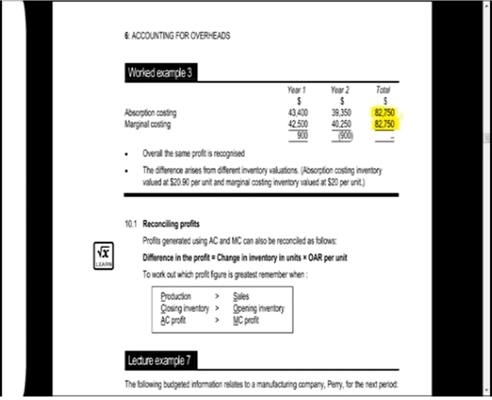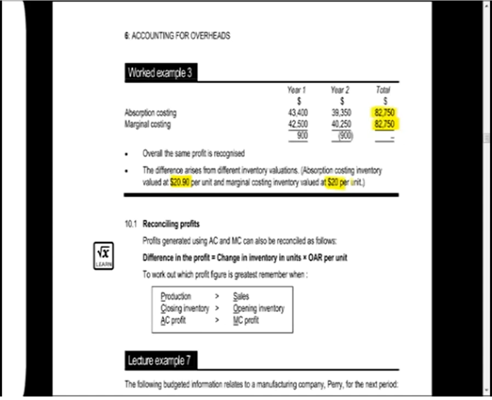We end up with an additional amount of fixed overheads carried forward in year 1's closing inventory under absorption costing of 90 cents because we're valuing that closing inventory of 1,000 units at $20.90 rather than $20. In year 2, we end up with the marginal costing profit being higher because we are bringing forward less in opening inventory.